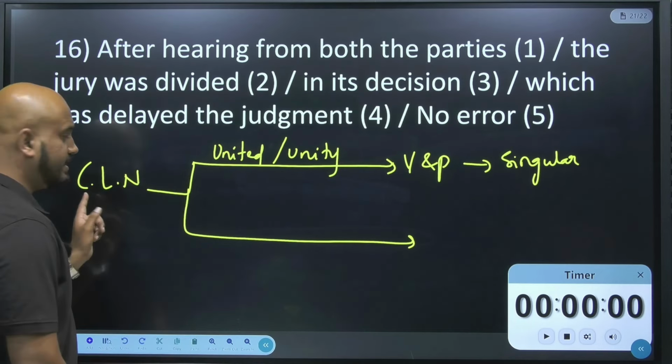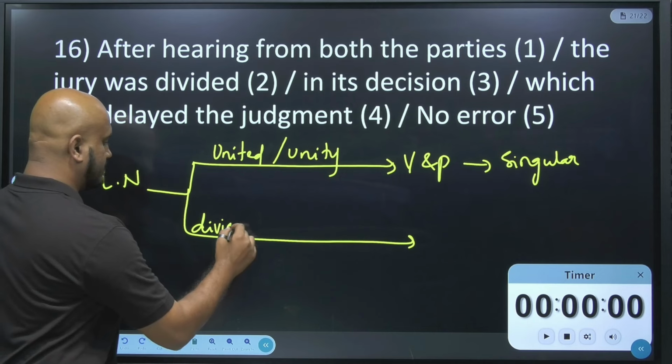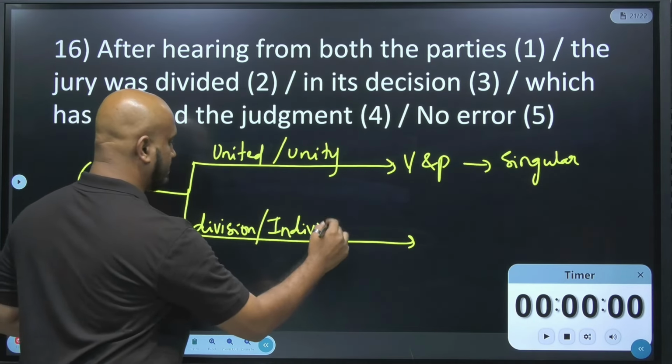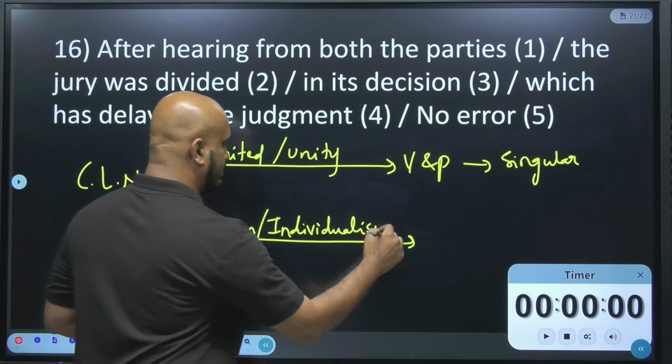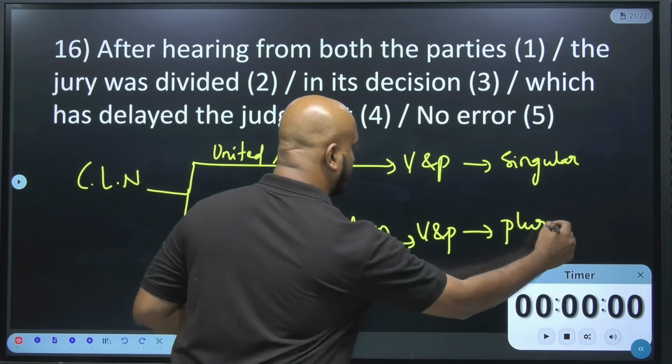But if the collective noun's action indicates division or individualism, then my verb and pronoun will be plural.